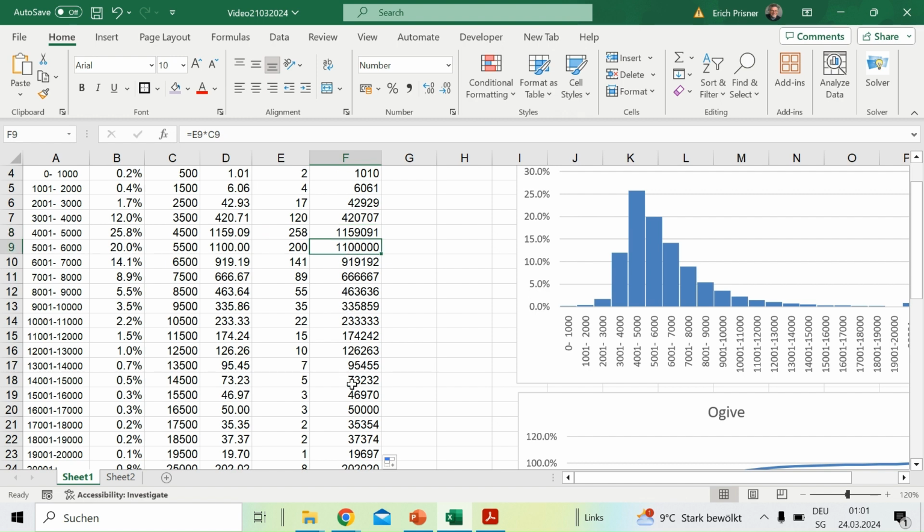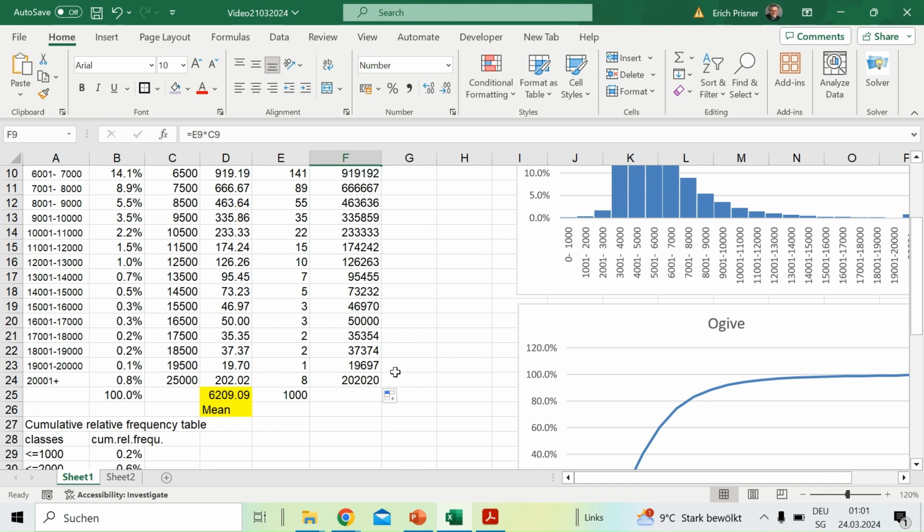And then the numbers go down again, because the number of people in the groups goes down very quickly, whereas the amount of money for each person in the group goes up, but goes up less than the number of people decreases.